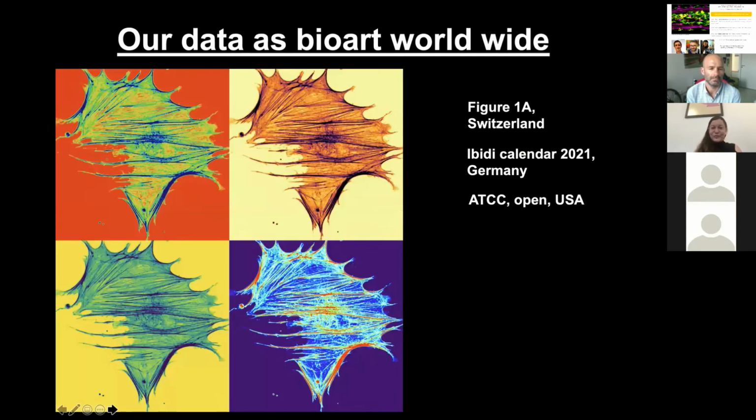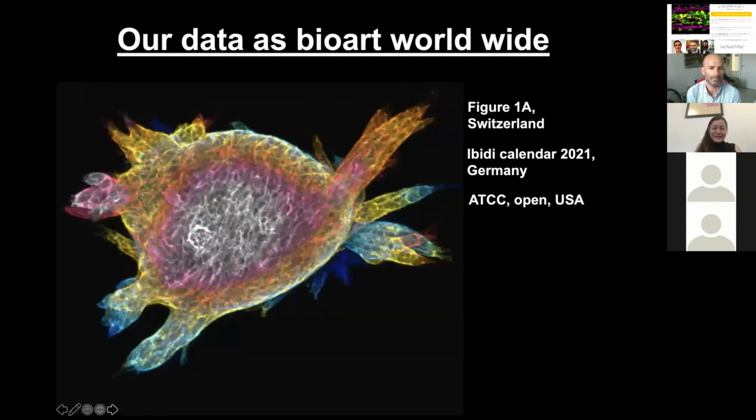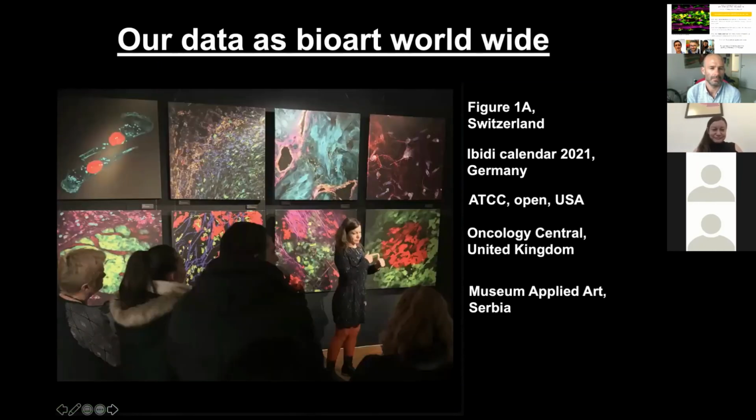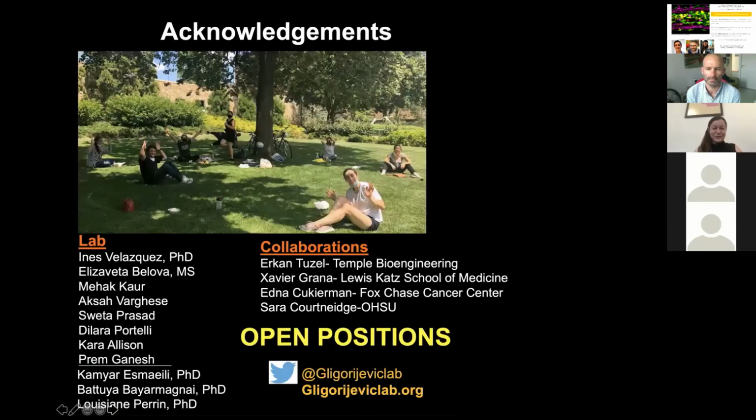They're all over the calendars and the galleries, and we're pretty proud of this outreach of microscopy into the general population. And we had some exhibits in the museums and so on. And I would encourage all of you to do the same and to introduce the general public to the beauty and the importance of microscopy.